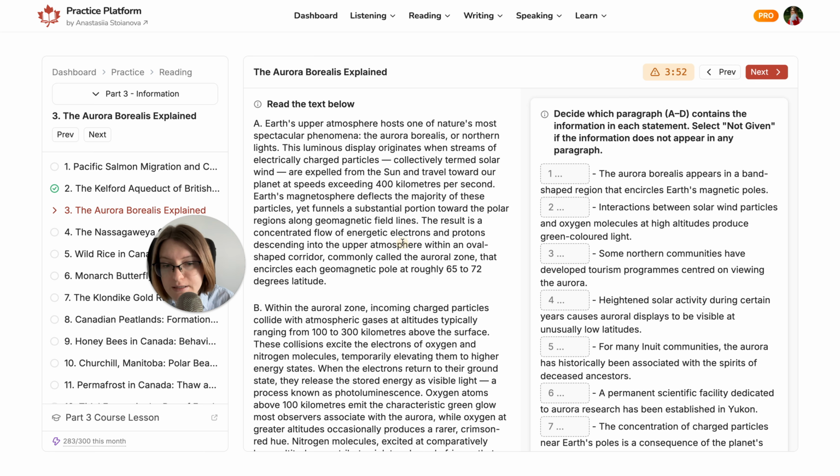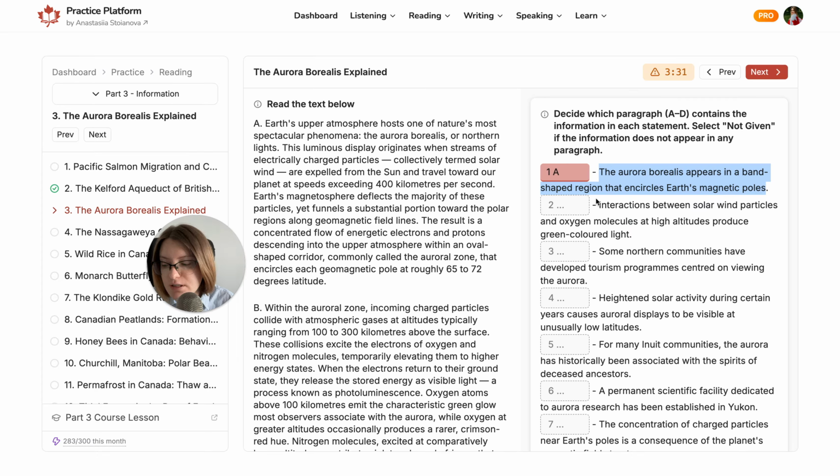Yes, there is. At the very end of this paragraph, we had a sentence, an oval-shaped corridor encircles each geomagnetic pole. And that's exactly the same idea that we have here. And that's why it can be easily matched just like that.